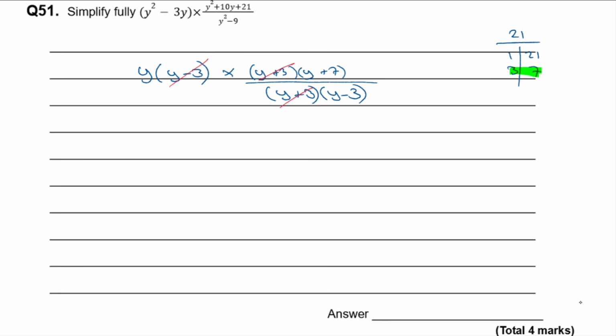And I can also cancel the y minus 3 and the y minus 3 there. So that doesn't leave me very much then, does it? What's left? I've got the y at the front, and I've got the y plus 7 at the back. Okay, now that is it. That's all that's left. I guess I could write y squared plus 7y, but I'm not sure that's any more simple than y lots of y plus 7. So I'm just going to leave it there.